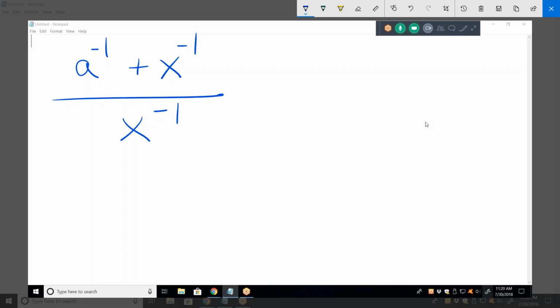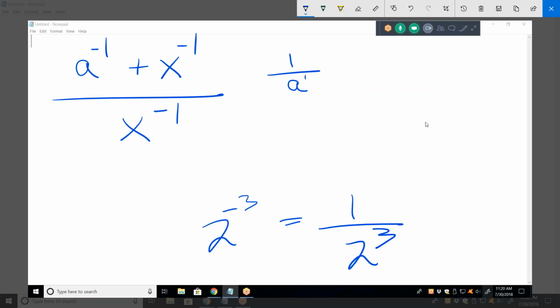What is a to the minus 1? That's 1 over a to the positive 1. In other words, that's all a negative exponent is. If I told you 2 to the minus 3, that is 1 over 2 to the positive 3.